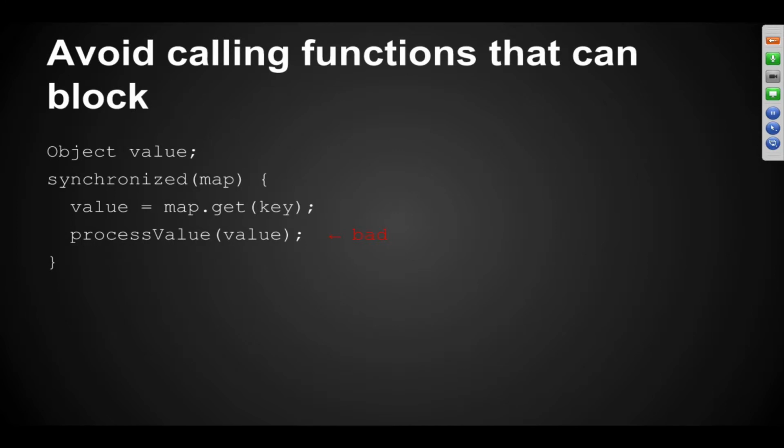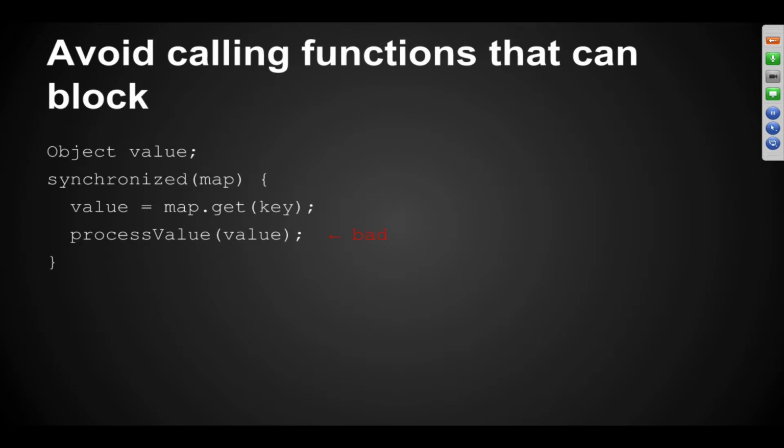Right? Also, you want to avoid calling functions in your synchronized block, because when you do call those functions, you are holding a lock, and those functions can be either your functions or some other people's functions. Basically those are callbacks.